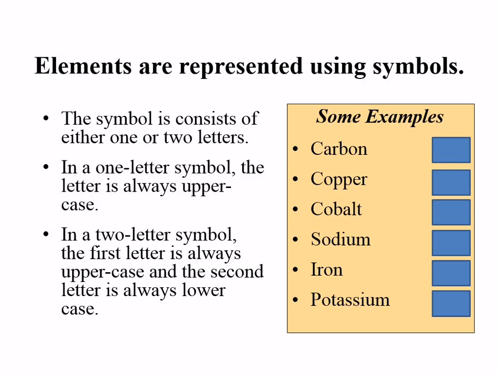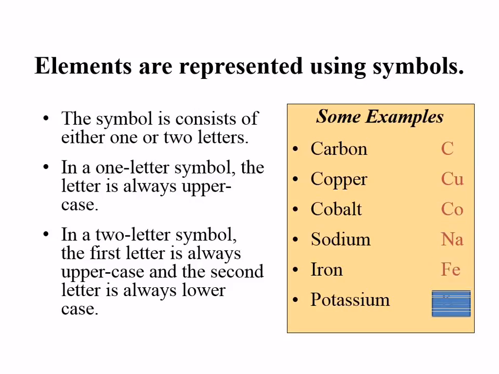So, do you guys already have these? Probably, yeah. You guys told me carbon is C, copper, Cu, cobalt, Co, sodium, iron, and potassium. Special K, that's how it got its name, because it's potassium enriched, I think. A good example, and sometimes I have to kind of break students of this: if you have 2 letters, for instance, cobalt is 2 letters, the second letter has to be lowercase.